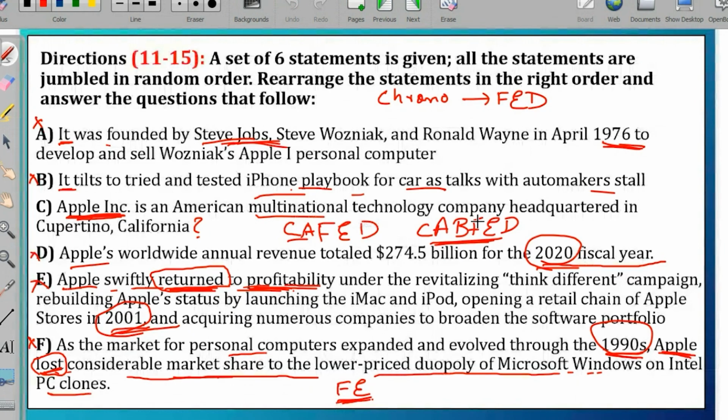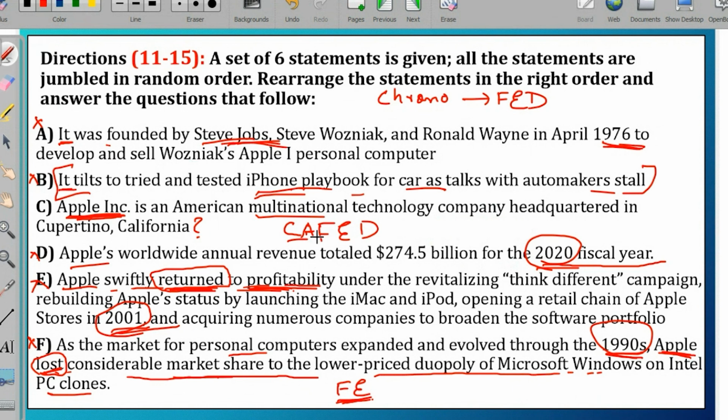Just a minute. CABFED, I think let's see the statements again. It tilts to tried and tested iPhone playbook for car as talks with automakers stall. Now, this is an incomplete statement, and this statement is not even related to what we are doing over here. Okay, now, so I'll just rub this.